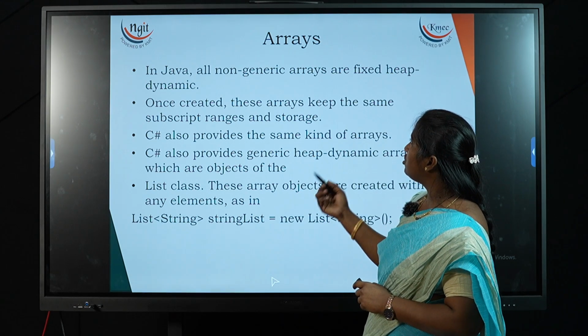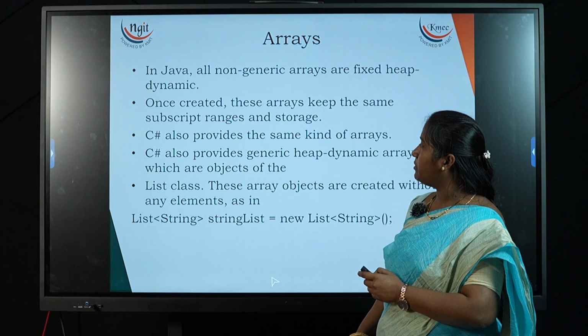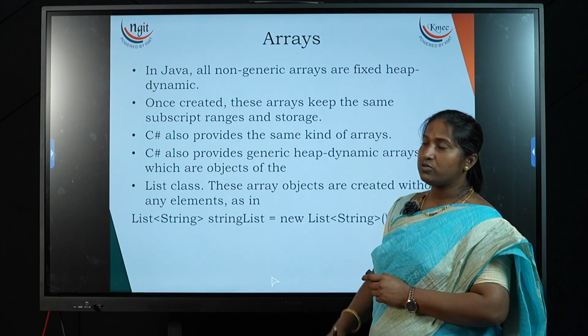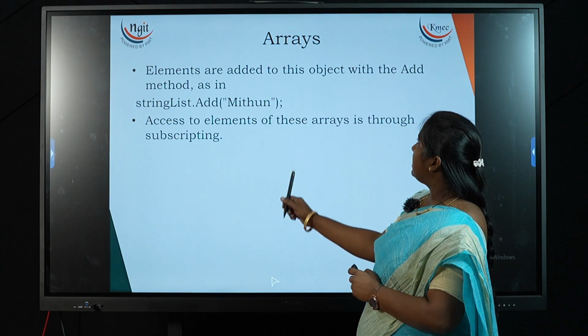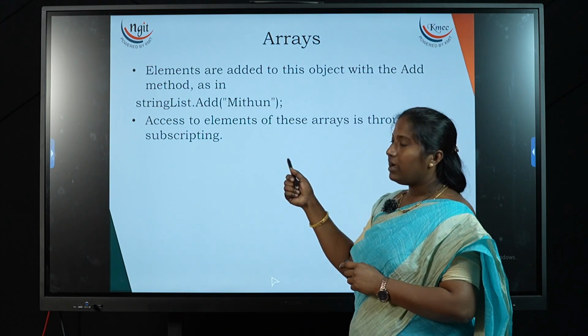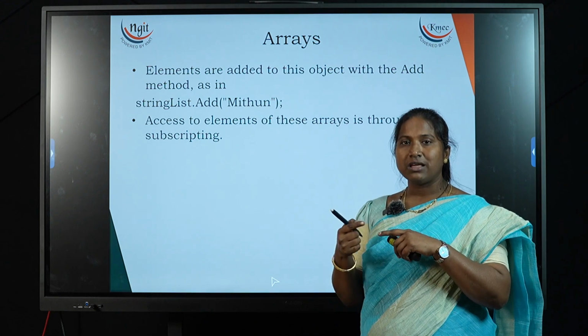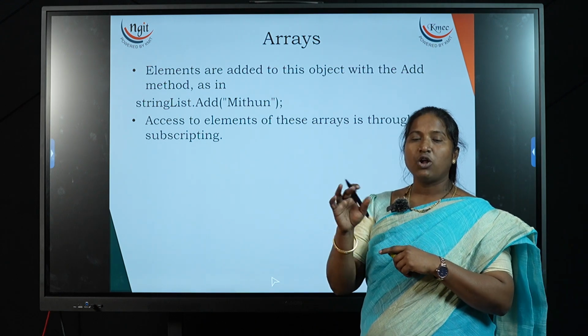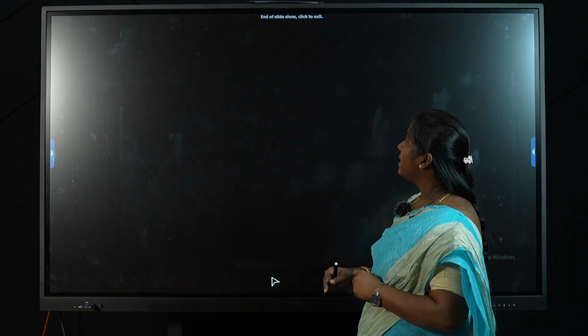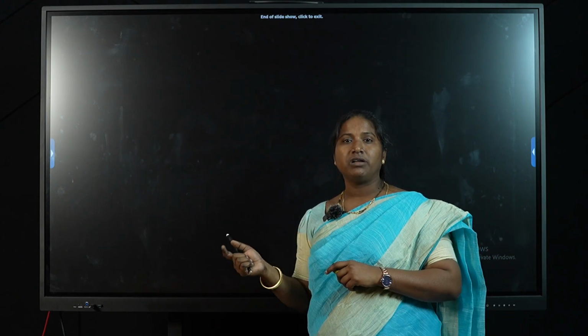In Java we'll use non-generic arrays and fixed heap dynamic. In C# we'll use the same kind of arrays as you use for Java. And there is a syntax for string list add, not the library function, which is the notation I have taken from Java. So that's it. This is about your array types.